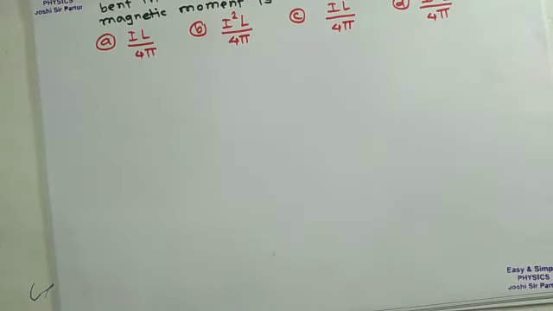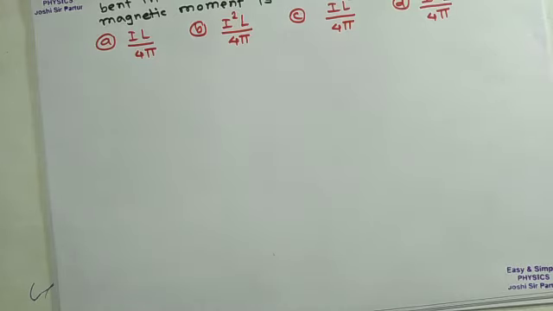Again we can solve another example. A wire of length L carrying current I is bent in the form of a circle. The magnitude of the magnetic moment will be?